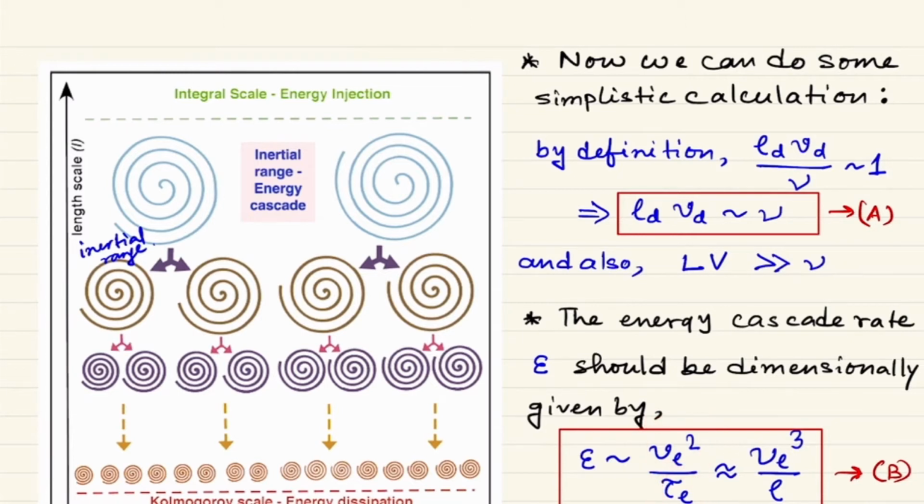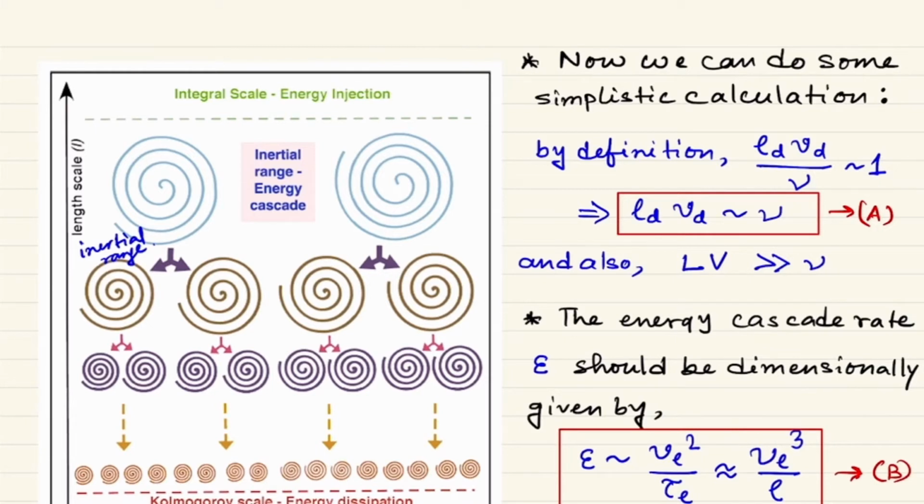So for incompressible turbulence, traditionally we just say that there is density, of course, but rho is constant, so we normalize everything at rho equal to 1.